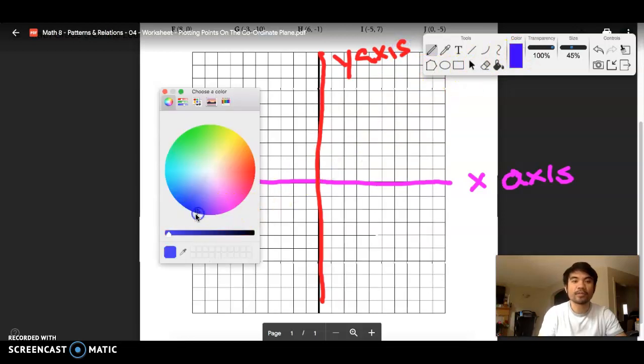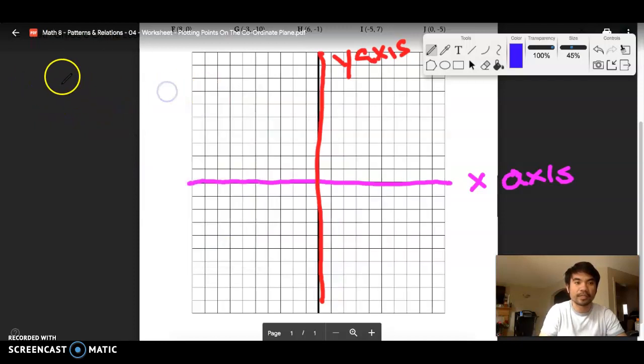Now, you've probably seen something like this, right? You're probably seeing something like 4, 5, let's say. Okay? Now, this one is called an ordered pair.